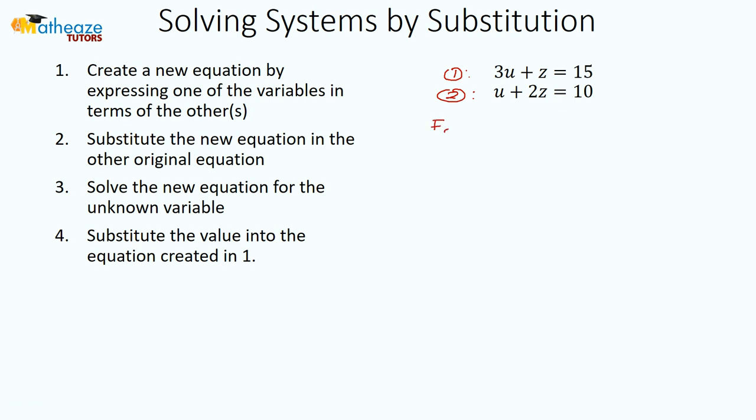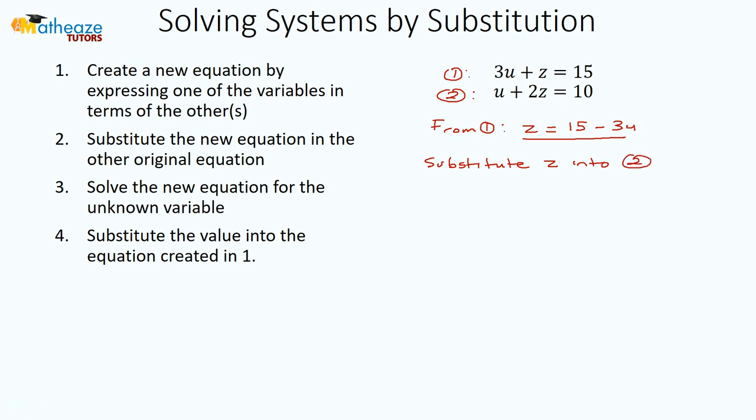So from equation 1, z equal to 15 minus 3u. So I'm going to substitute this value of z into equation 2.